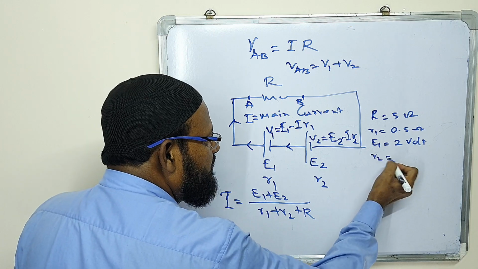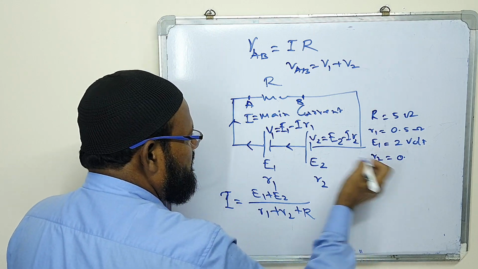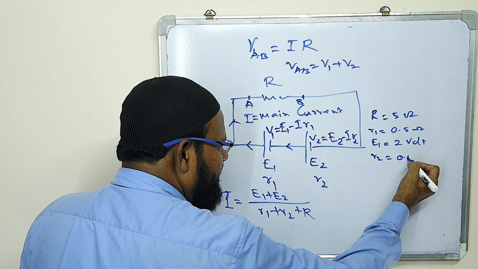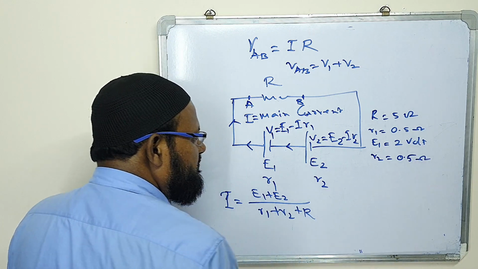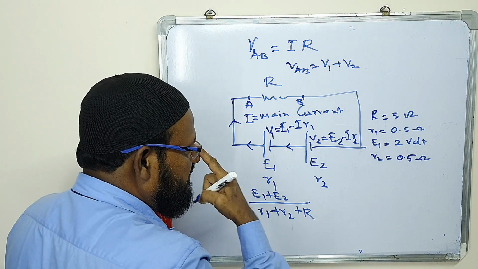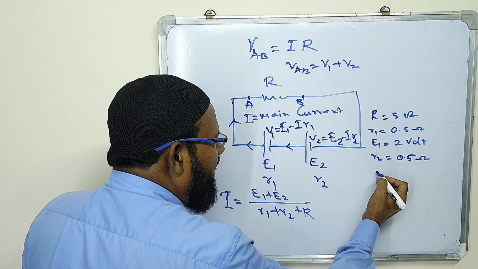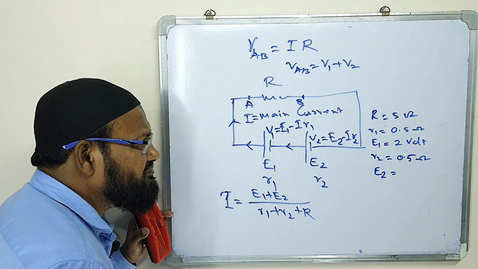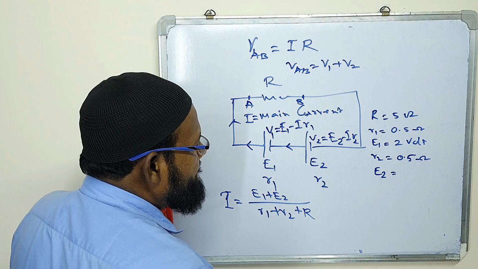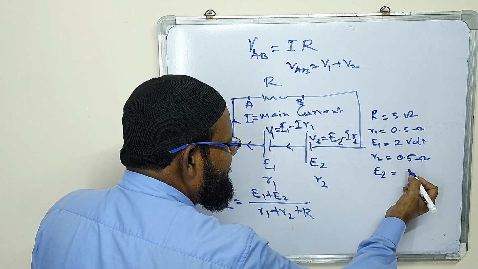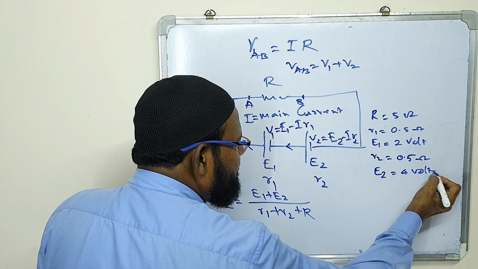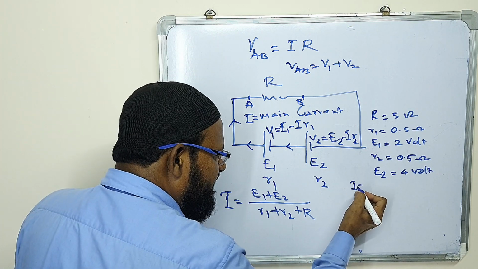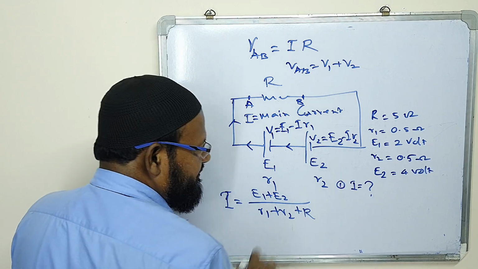Suppose R2 equals again 0.5 ohm, and this E2 equals, suppose, 4 volt.